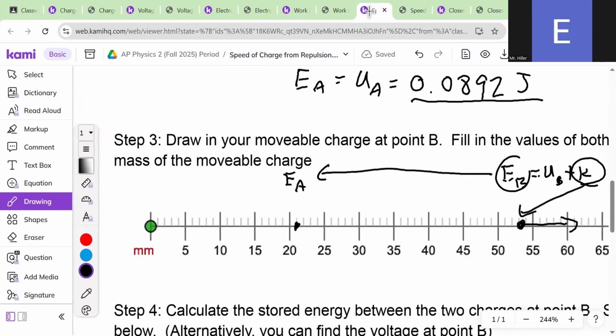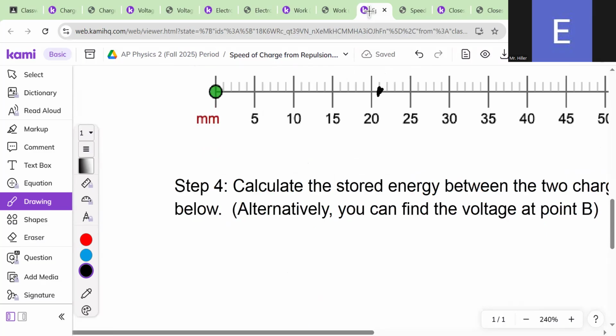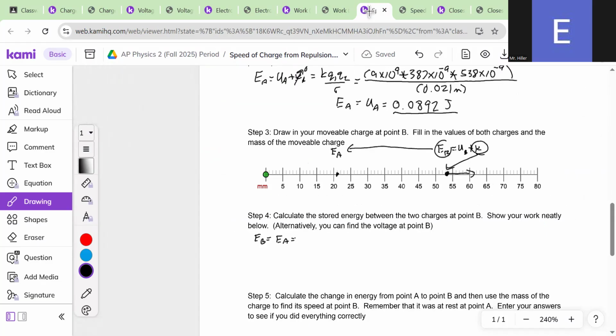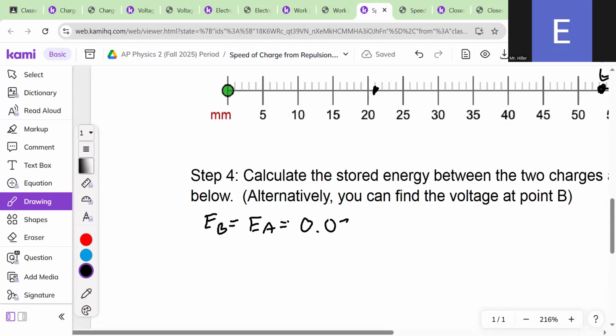So the total energy at B equals the total energy at A, which is 0.0892 joules. But the total energy at B is equal to the kinetic plus the potential.